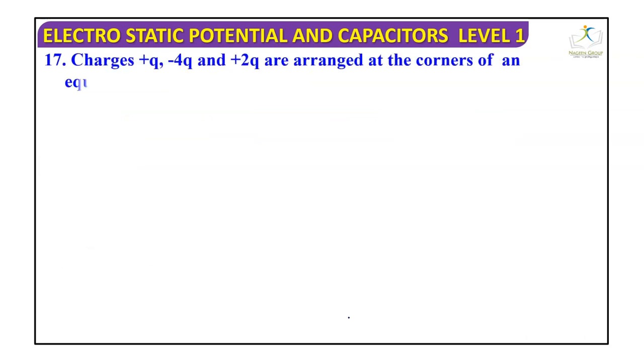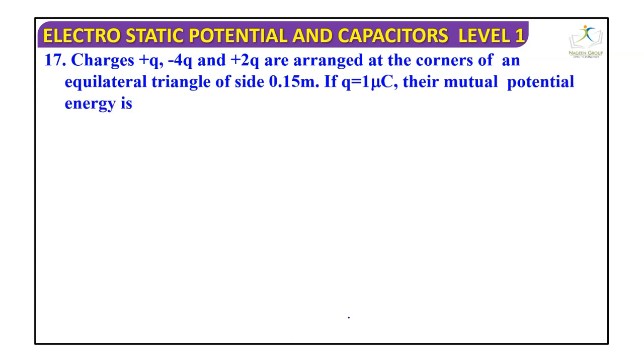Next, charges plus Q, minus 4Q and plus 2Q are arranged at the corners of an equilateral triangle of side 0.15 meter. If Q is equal to 1 microcoulomb, their mutual potential energy is, we have these options.